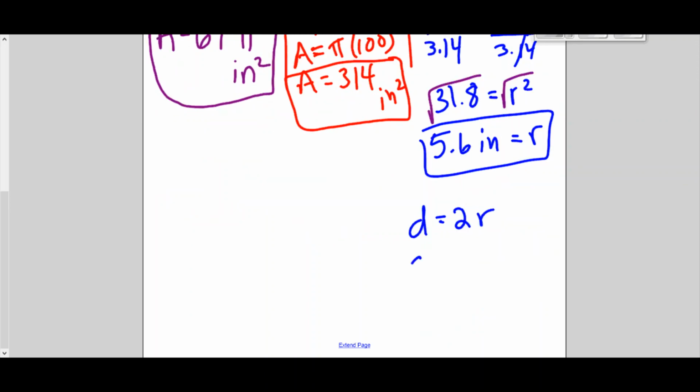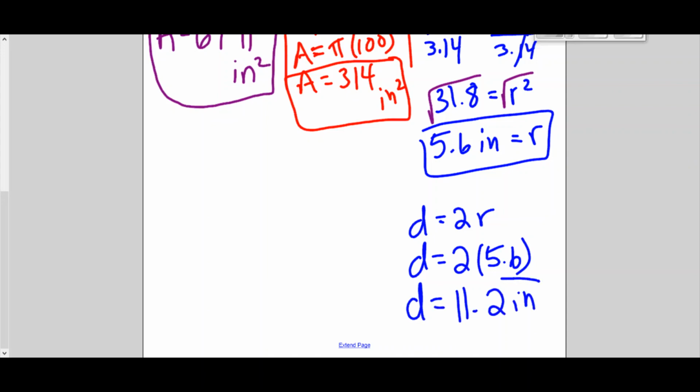So the diameter is 2 times 5.6. So that gets you, the diameter is 11.2 inches. So that's the diameter of the circle. And then the radius is 5.6. So that one was a little bit more involved than the first few.